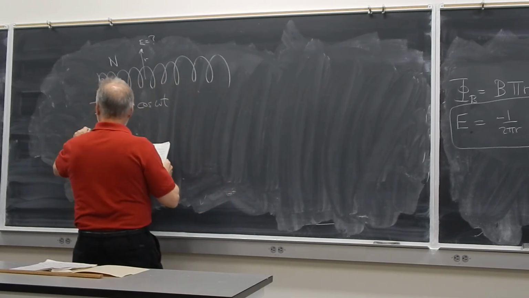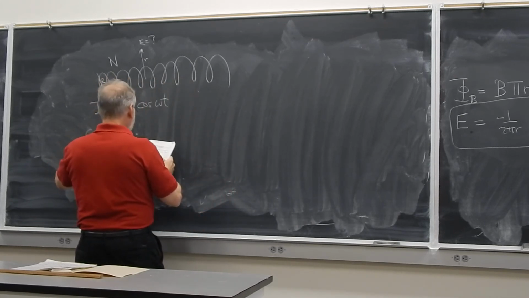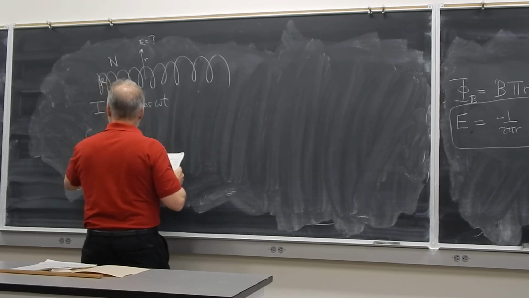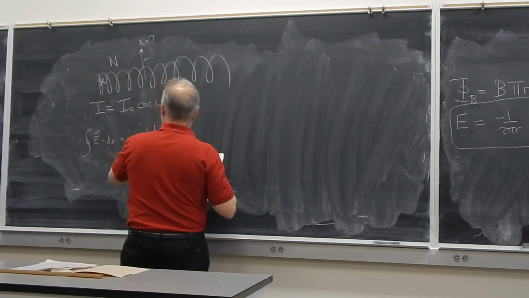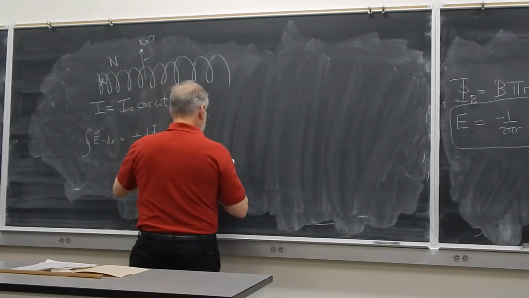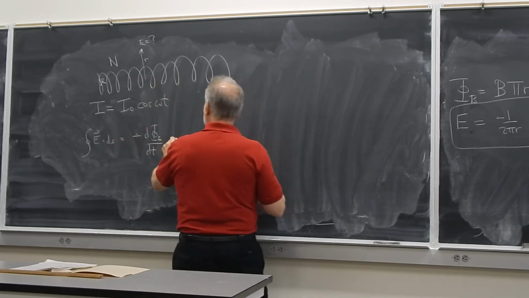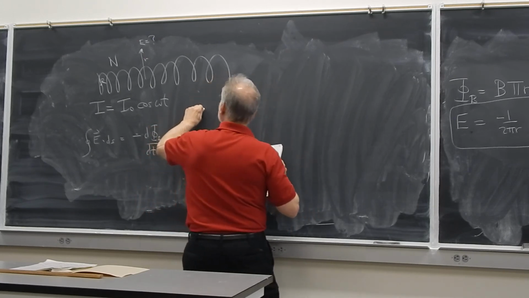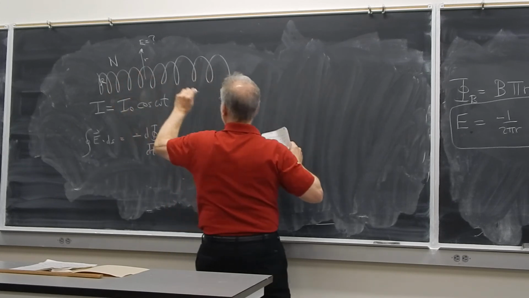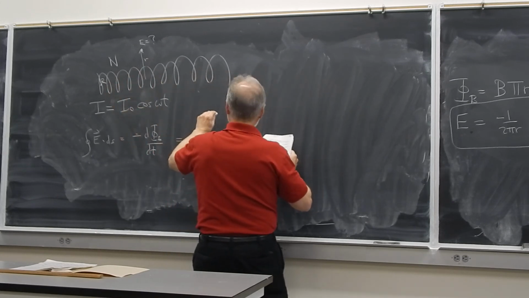Well, first off, by Faraday's law, I know that the integral of E dot ds is going to be equal to minus d phi dt. I can write the magnetic field for a solenoid, the area of the solenoid isn't changing, so that's just going to be the same.